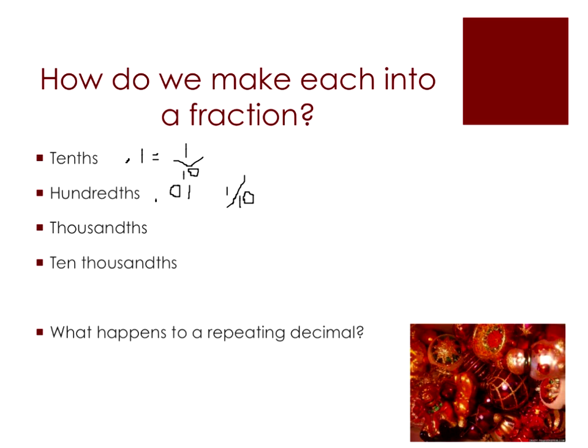Now, notice that I put decimal 0.01. What would decimal 0.10 be? 10 out of 100. That's right. So 1 out of 100 or 1 hundredth is 1 over 100.